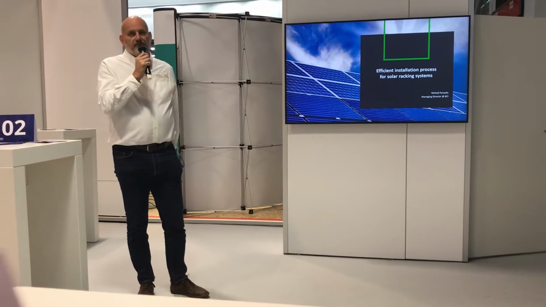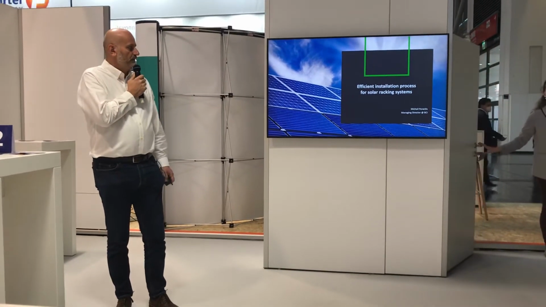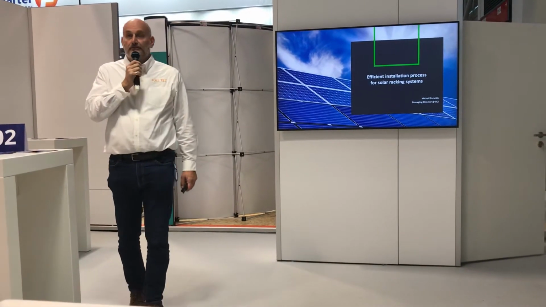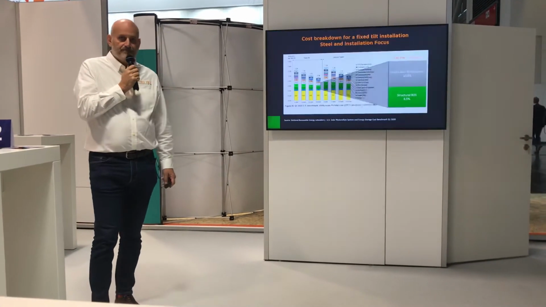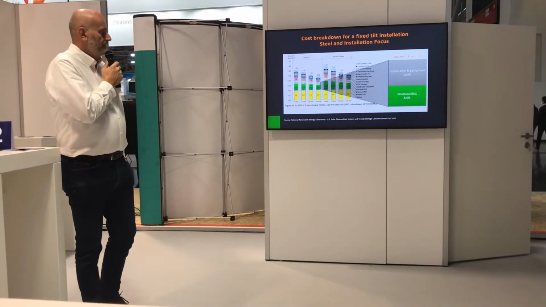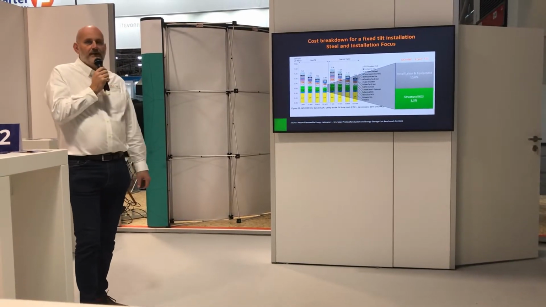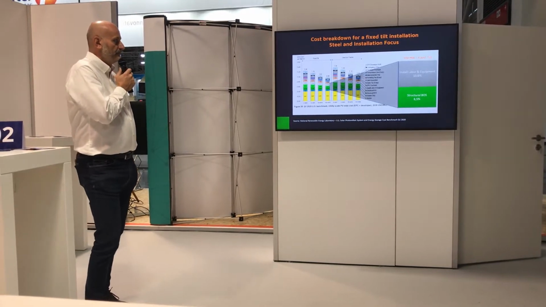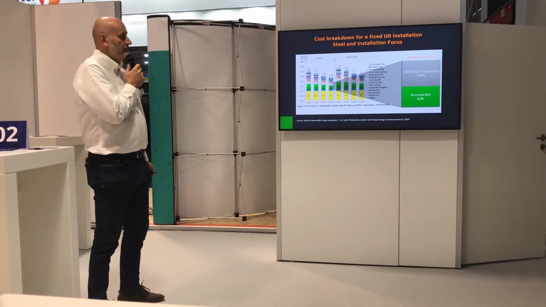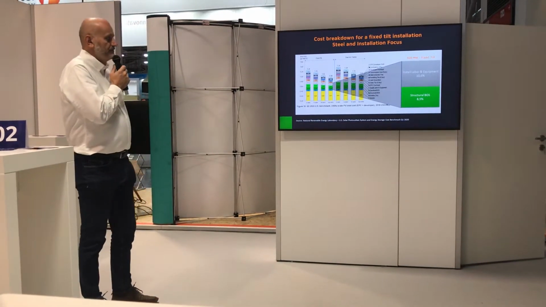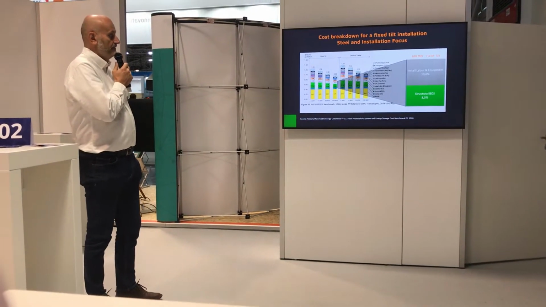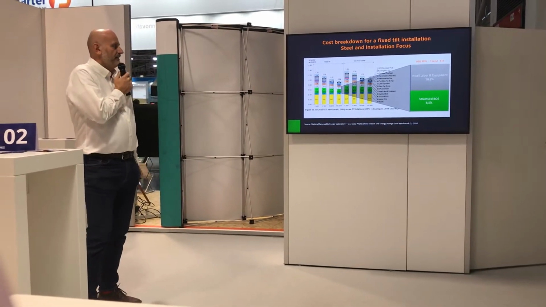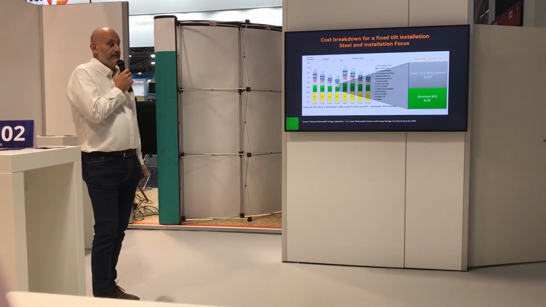I'm going to present something about how to improve and make efficient the installation process of solar racking systems. If you look at the figures of the cost breakdown for fixed tilt installation, focusing on the steel and the installation, you see that around 10% of the cost of a 10 megawatt utility scale project is labor and equipment for installation.